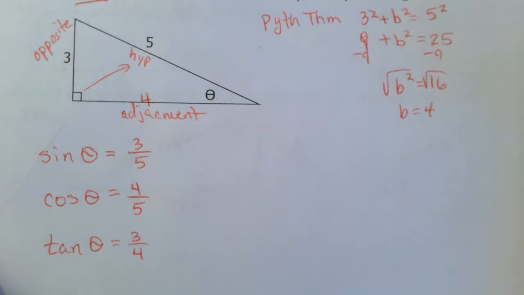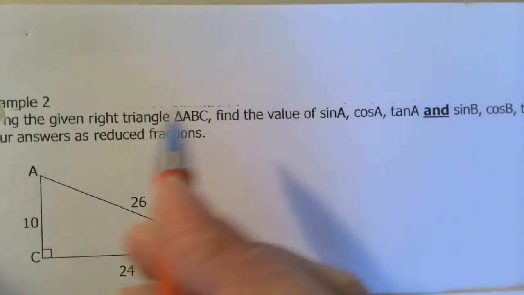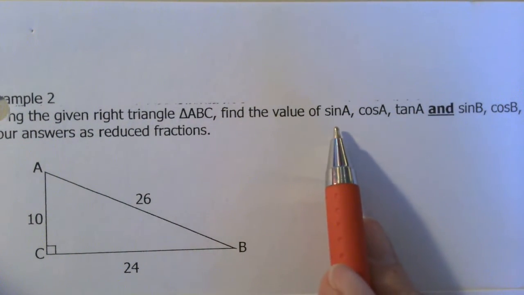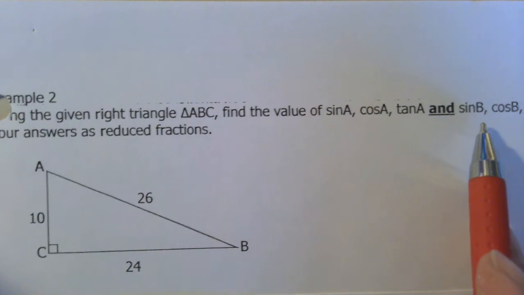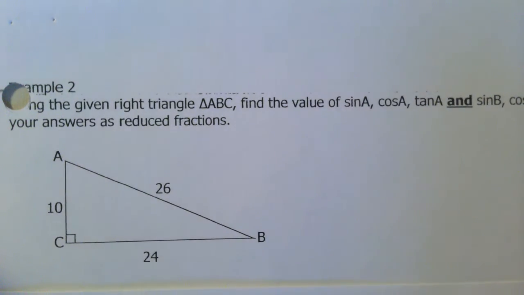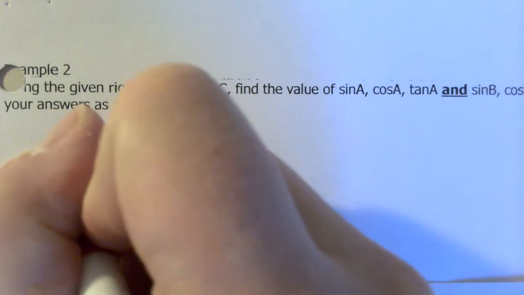Okay, so next problem. Let's go ahead and look at this. It says, given the right triangle ABC, find the value of sine A, cosine A, tangent A, and then go back and do sine B, cosine B, tangent B. Okay, so what are they talking about? If we focus on A, this is like my theta.